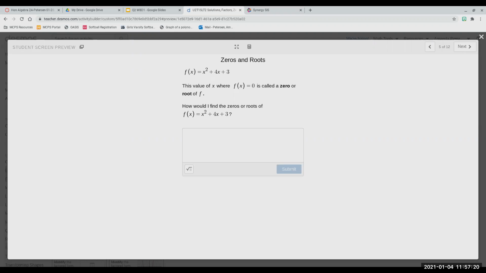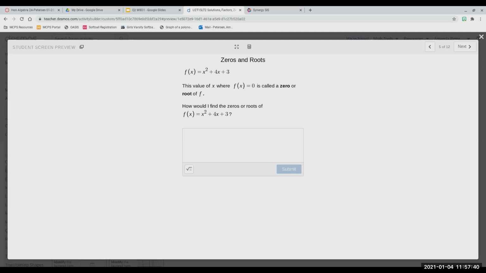If it's set equal to 0, it's going to be called a zero. We're going to spend some more time later talking about roots, but know that zeros and roots have the same meaning. So if it asks you to find the roots, it's really just asking you to find the zeros.